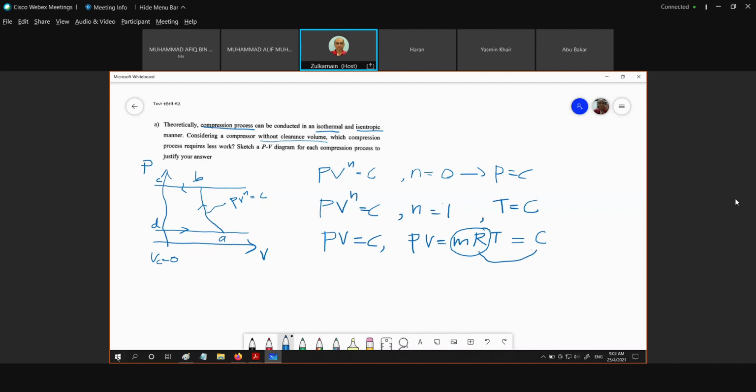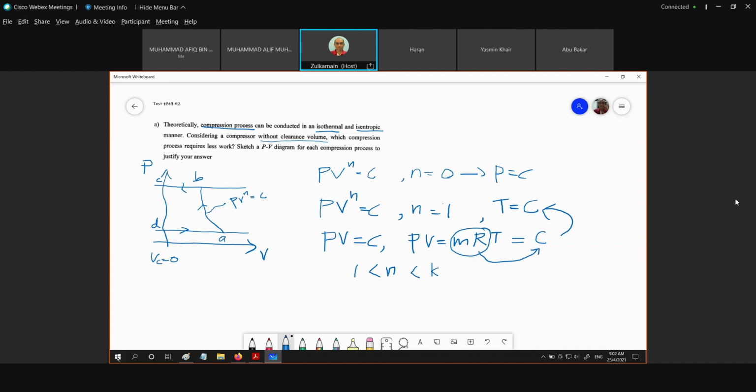Bila kita combine dalam ni, maka kita akan dapat T equal to constant. So, this will lead us to the N limitation. So, N ini should be 1, ini should be K.